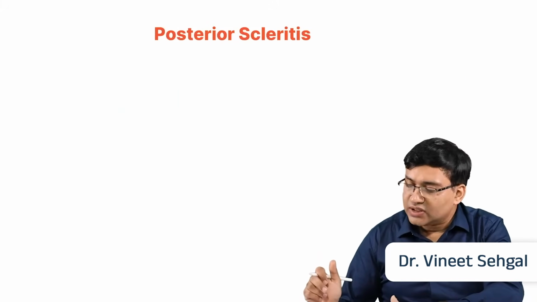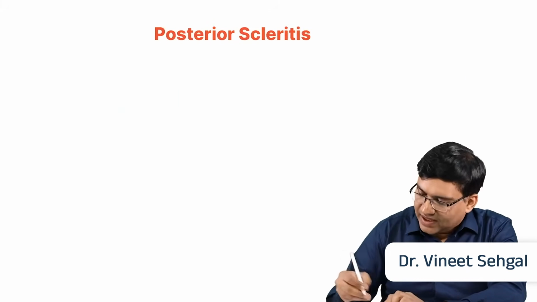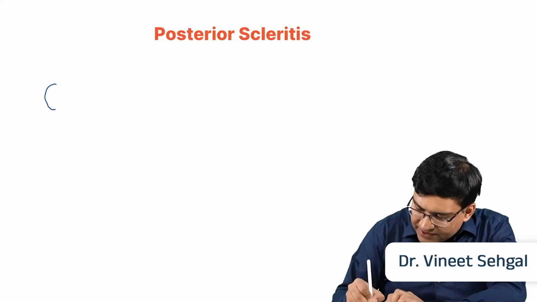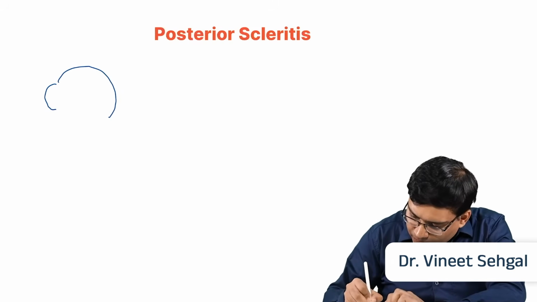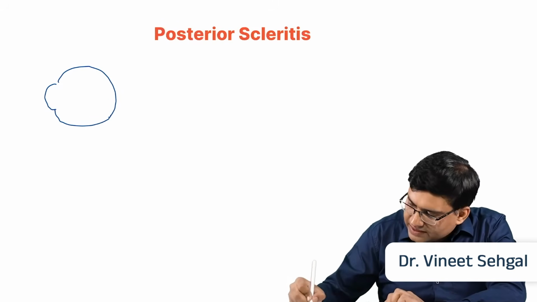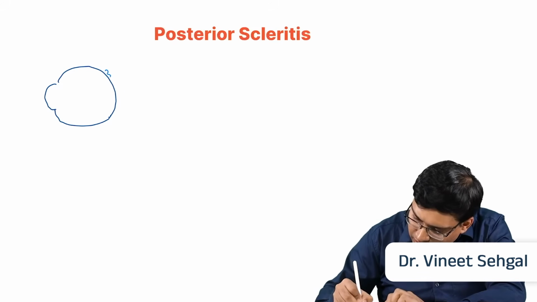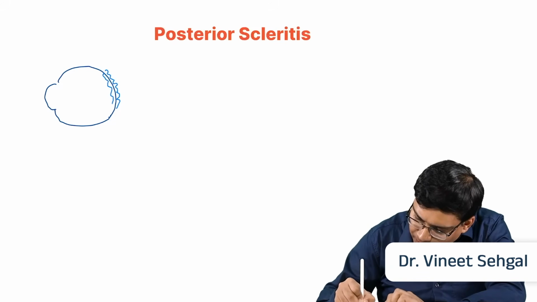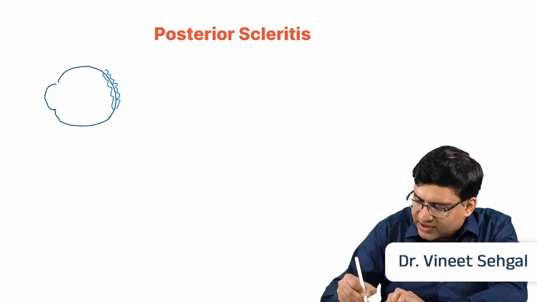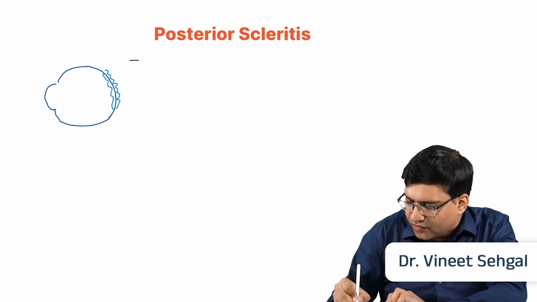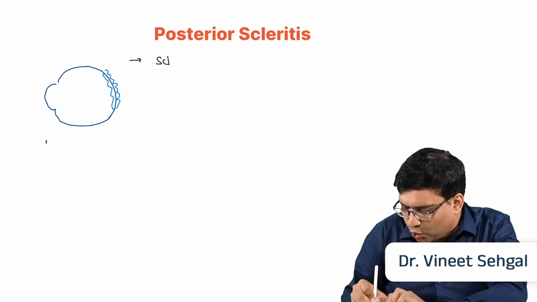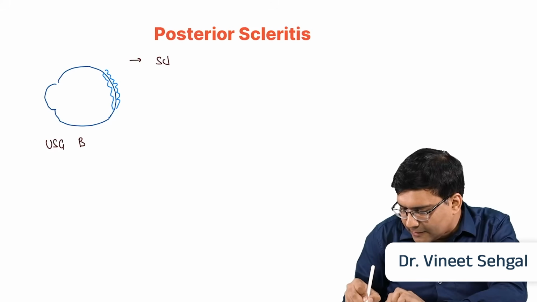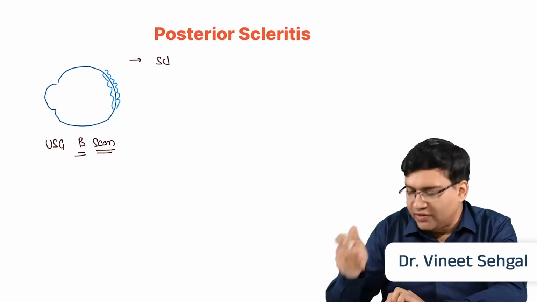Now we come to the posterior scleritis. As I told you, what would happen here is that there would be inflammation of sclera, and because of this inflammation of sclera, when we do an ultrasound B scan, there would be certain features.